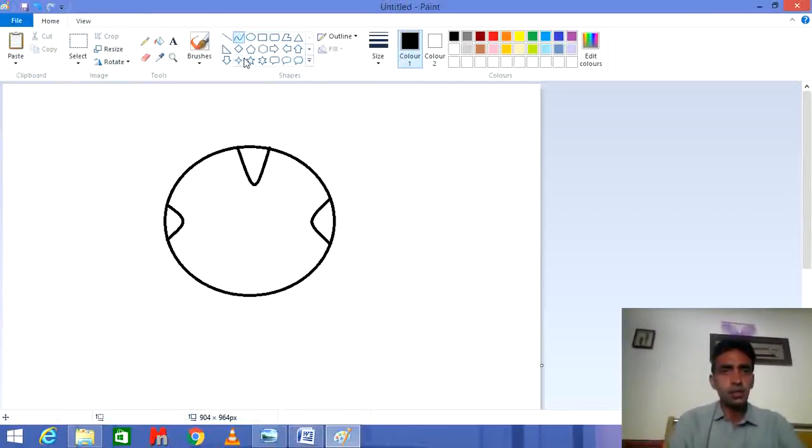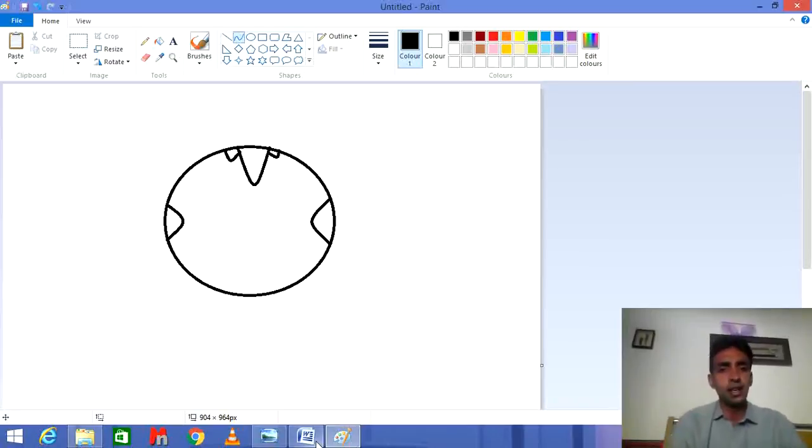On the upper side, adjacent to the uvula, there are two more glands, on this side and on this side. If you open your mouth and look in the mirror, you can see these two glands beside the uvula.